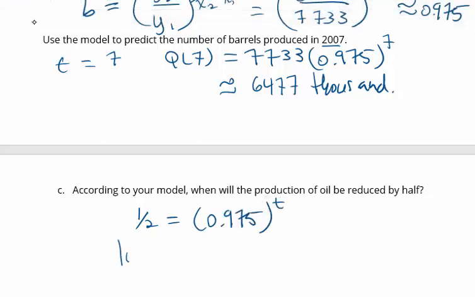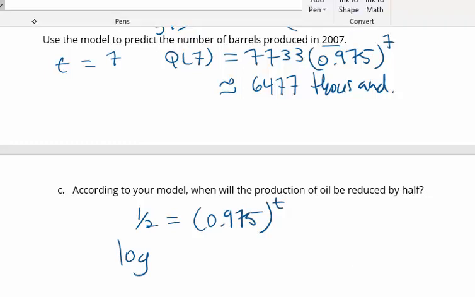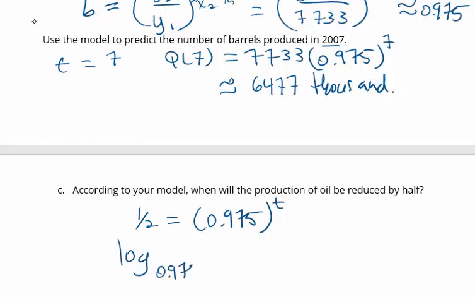Okay, and as a logarithm, log base 0.975 of a half is equal to t. Okay, and just calculate that. That's about 27.4. So it'll take about 27.4 years from the year 2000, and so that'll be the year 2027.